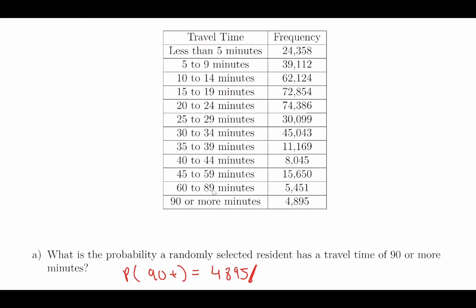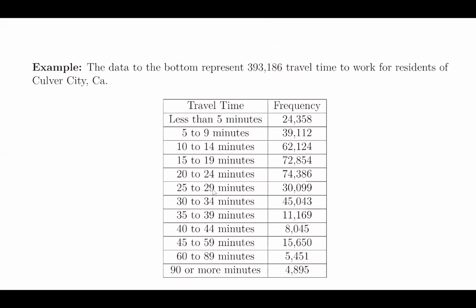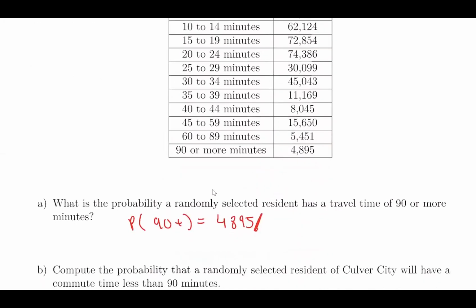All right. How many total residents do I have? Good job. So we have 393,186. So all I'm going to do is divide those two numbers and we get our answer. 4,895 over 393,186.